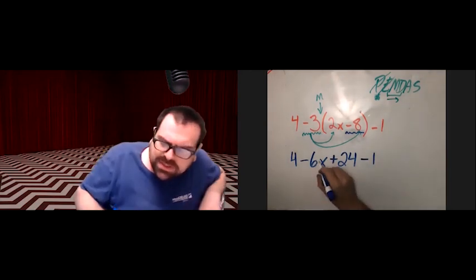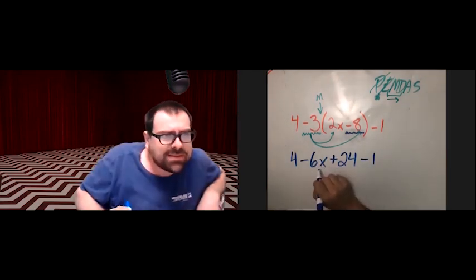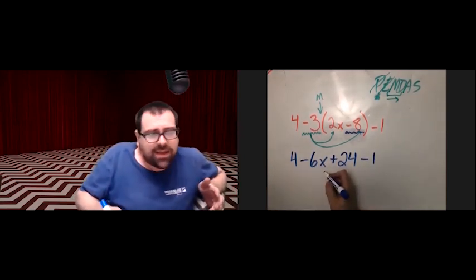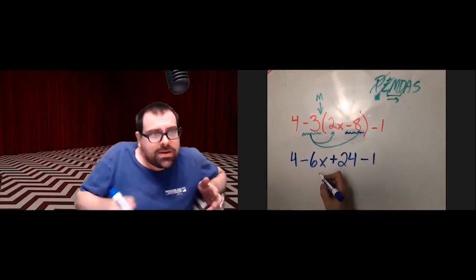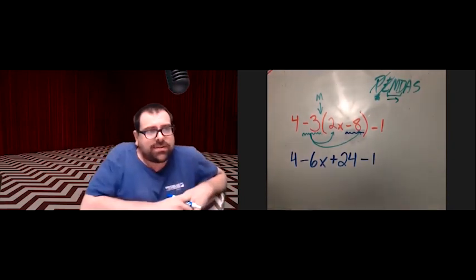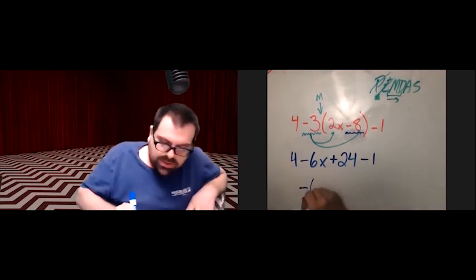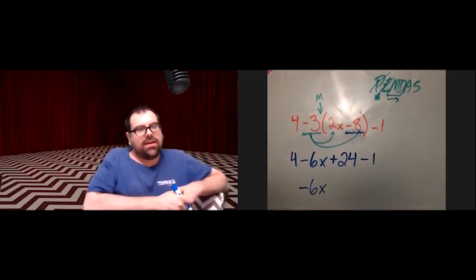There's this little piece of multiplication here, 6 times x, but 6 times x is 6x. That's going to stay there. None of the other terms have an x. This is the only x term. So that -6x is going to stay by itself.